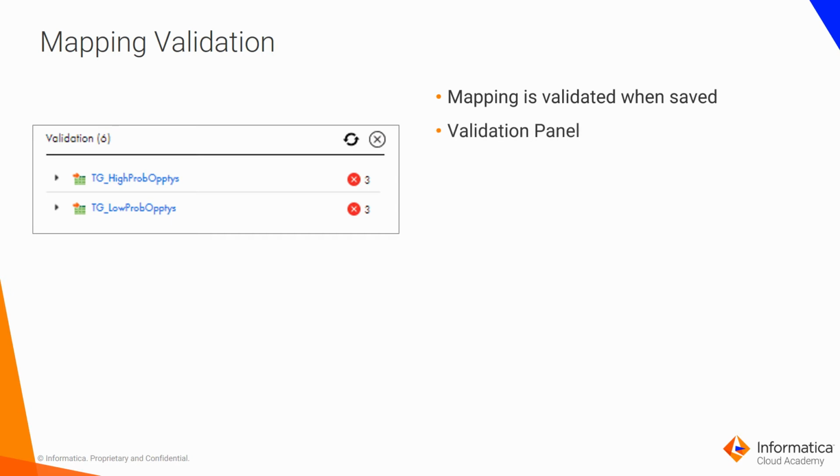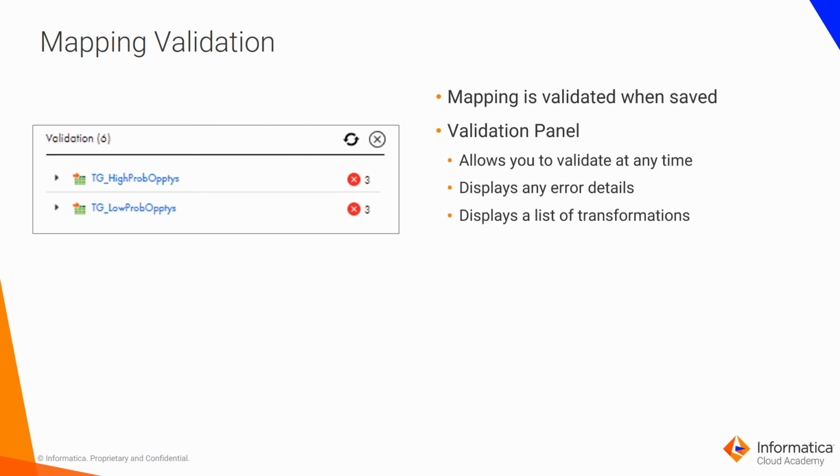If the status is invalid, you can open the validation panel to review mapping errors. To open this panel, click the checkmark icon. After the panel opens, click the Validate button. Note that you must click this button to see the errors listed even if the mapping has already been validated by saving, for example. You can also click the error to view additional information about that error.